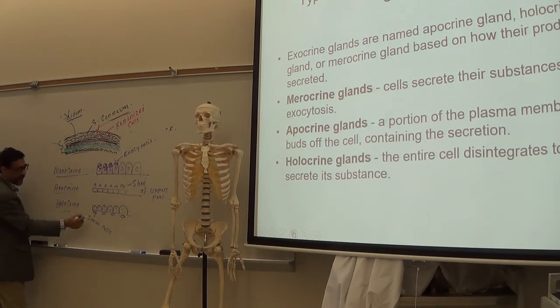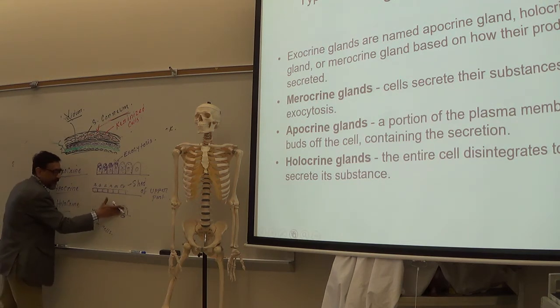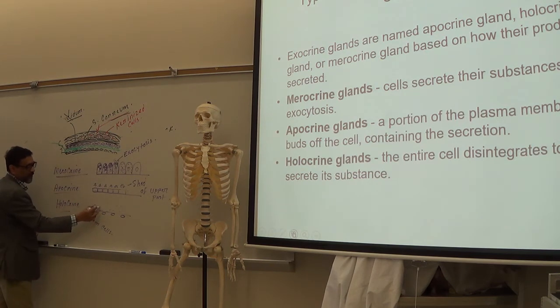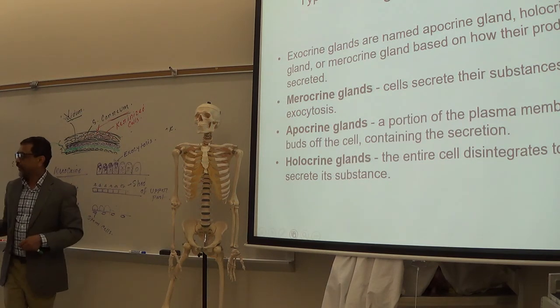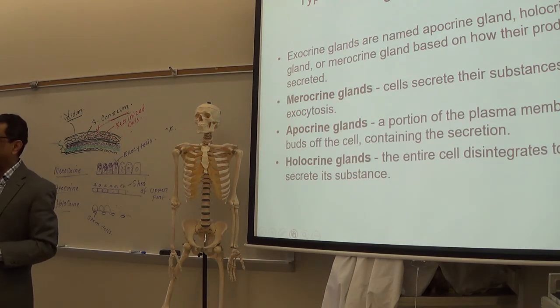Again the chemicals will accumulate, these cells will be destroyed again completely, and the stem cells will produce new cells again. This type is called holocrine secretion. Have you heard the word holocaust?